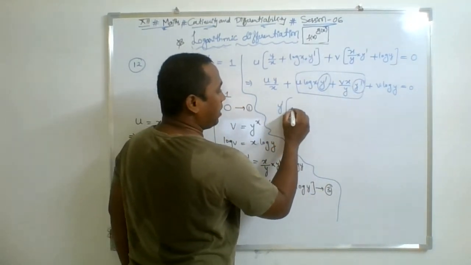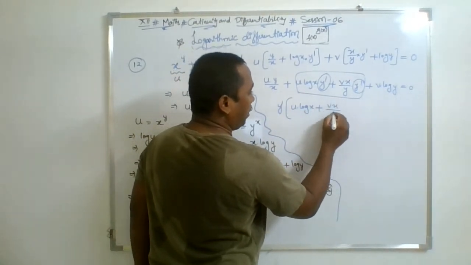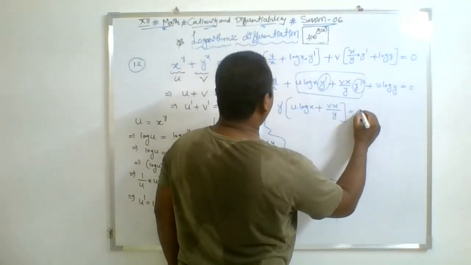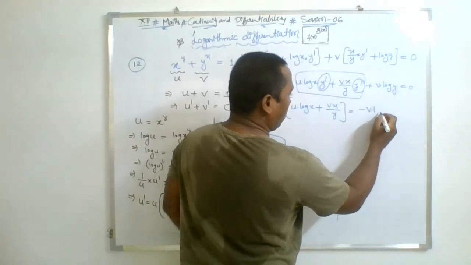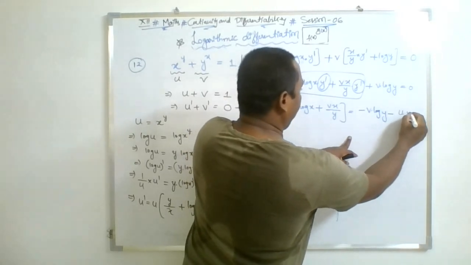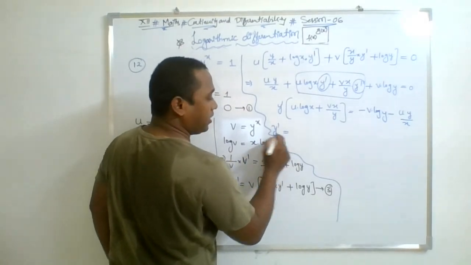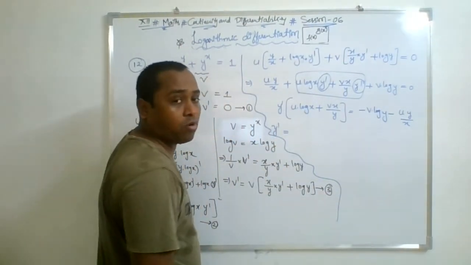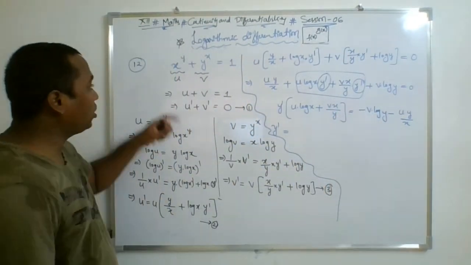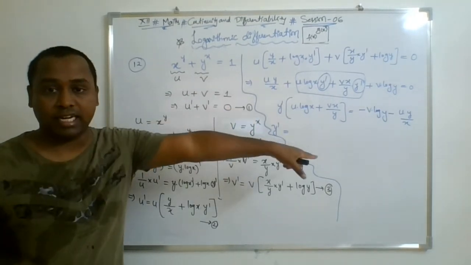So taking y dash common, we got u into log x plus v into x upon y equal to, if I shift both the terms to that side, it becomes minus v log y minus u into y by x, and finally the y dash, that is dy by dx, will be this quantity, by replacing u and v with the original functions. Remember, you need to replace this u and v again at the end.